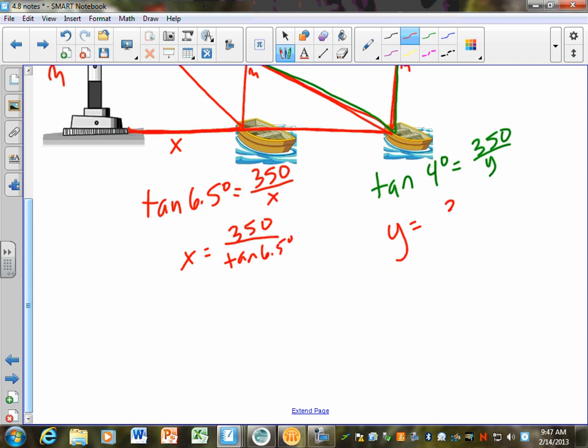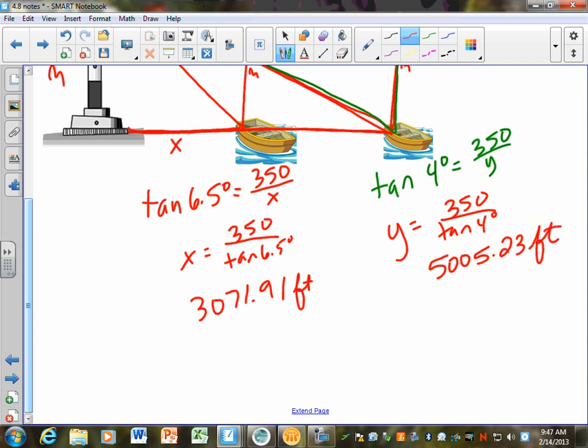And on this one, you would get 350 divided by tangent of 4 degrees. And they're pretty far apart. Like, the lighthouse is pretty far apart from those. I got 3,071.91 feet on that one, and 5,005.23 feet for the second one. Are you getting that, or close to getting that?